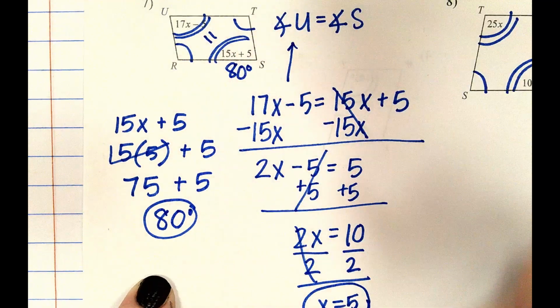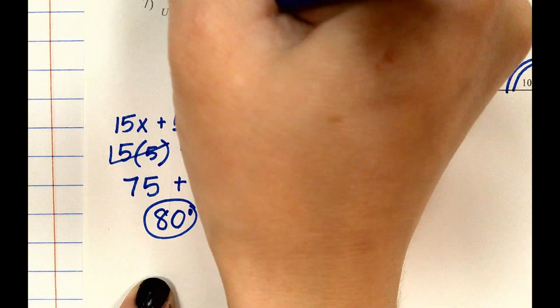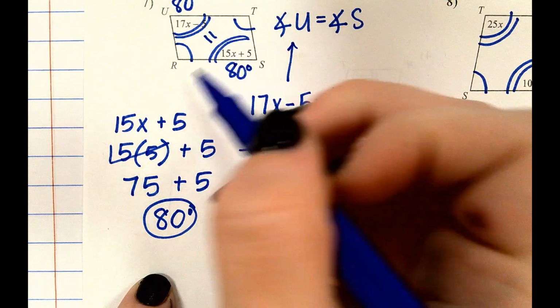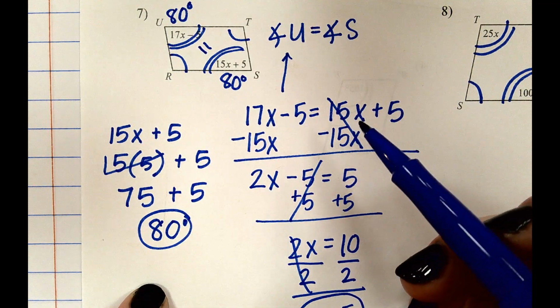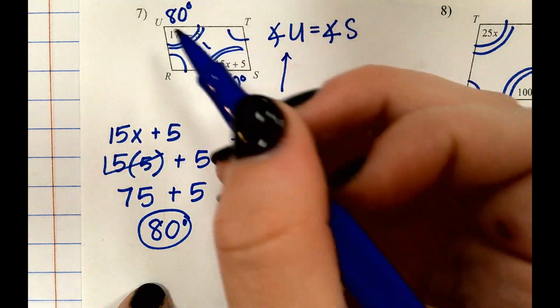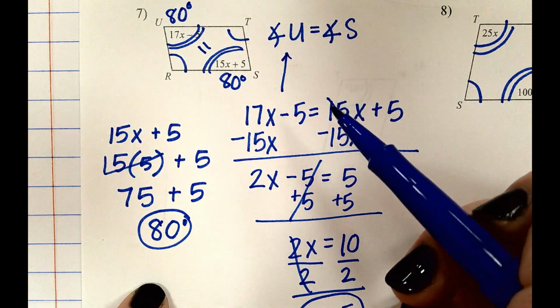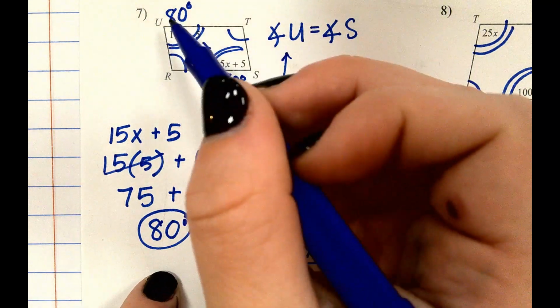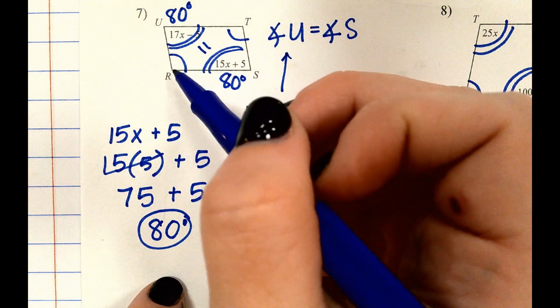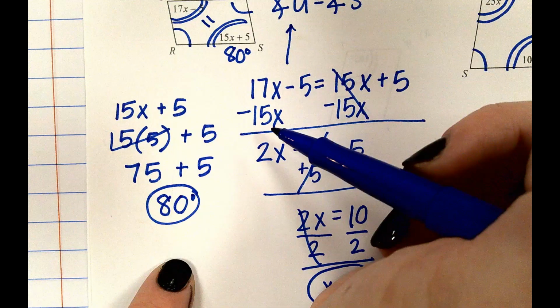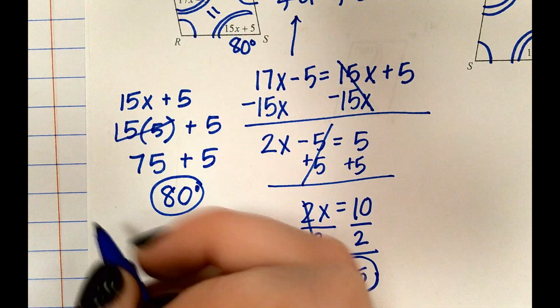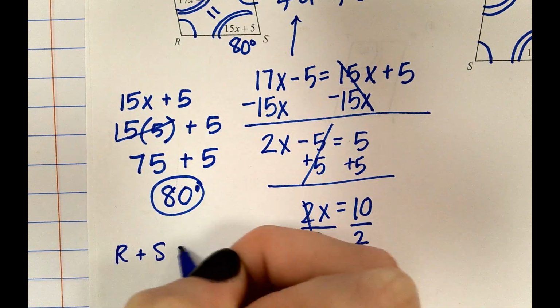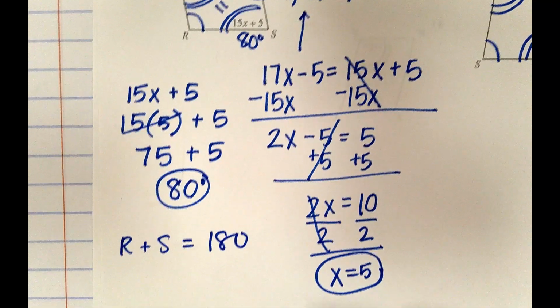What else is 80? U. U is 80. And then to solve for R or T, you put R or T plus 80 equals 180. I know that consecutive angles, the angles right next to each other, add up to 180. So R plus S equals 180.